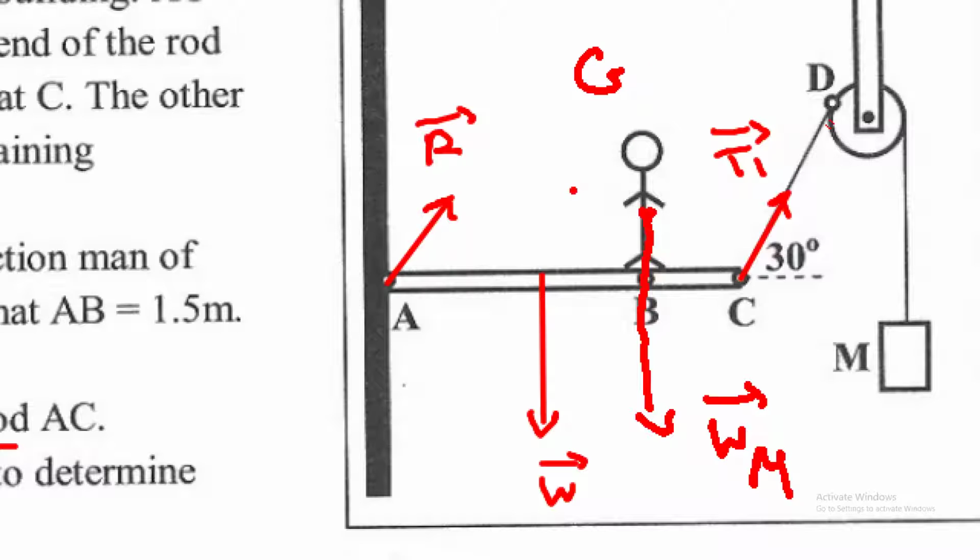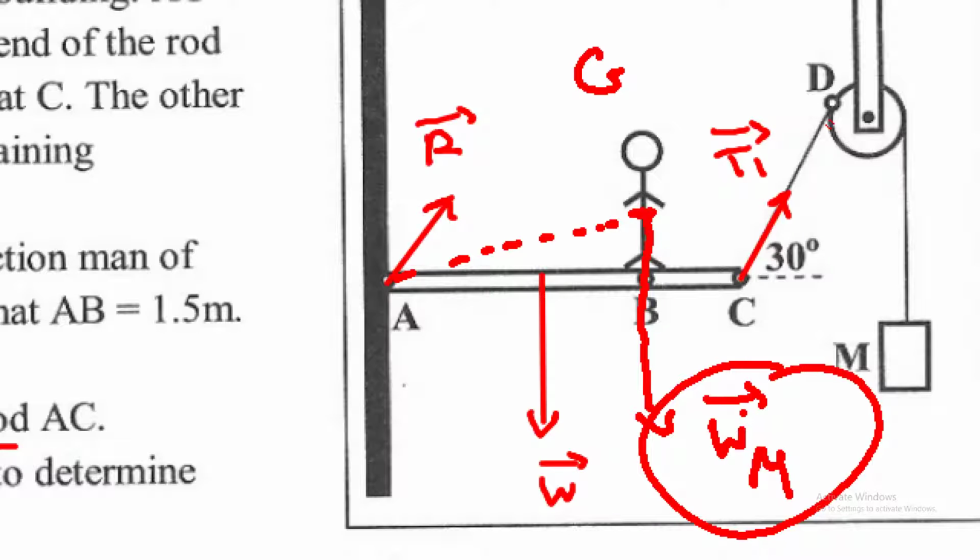And here comes the problem. If we need to calculate the moment exerted by this Wm, we should consider this distance, and this distance will be wrong because we have represented Wm in the wrong manner, so it's not correct.